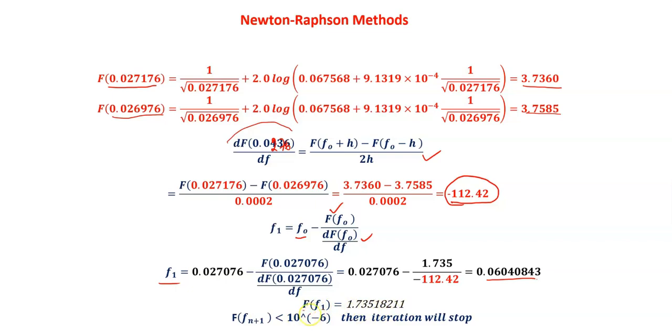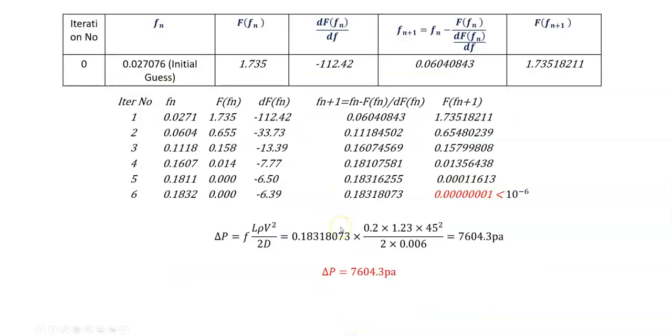Now that is not equal to 10 to the power minus 6, or not near equal to 0, right? So then we have to take f1 as an initial guess, and then do the calculation again. When this criteria is satisfied, then we'll stop the iteration.